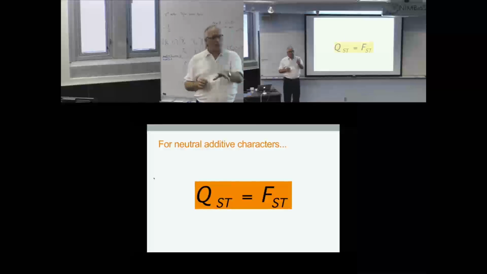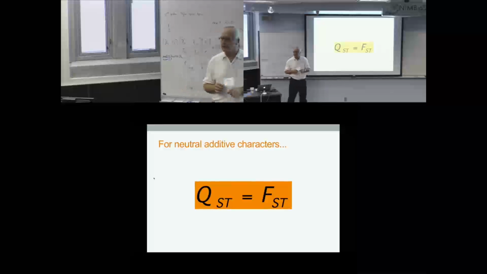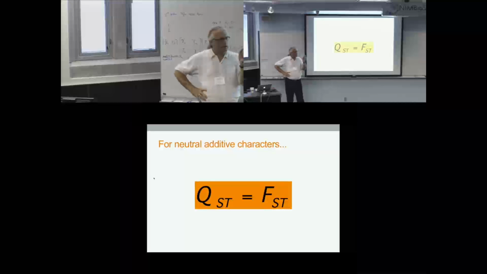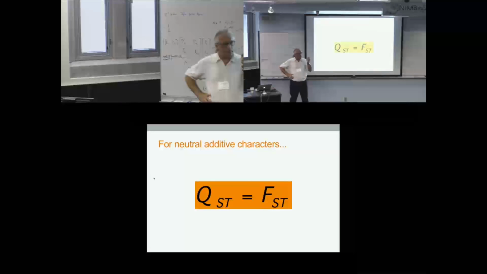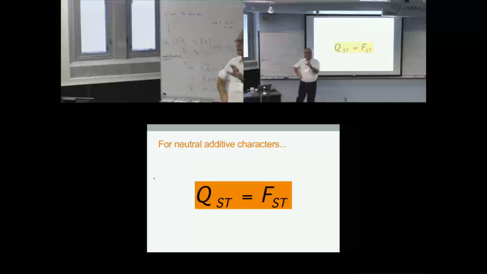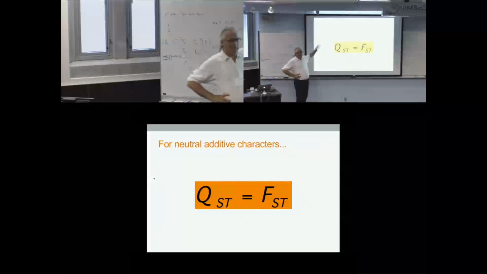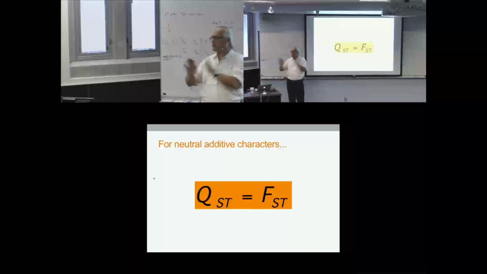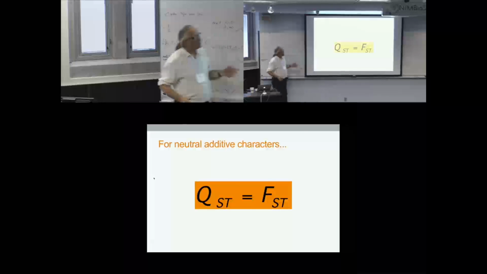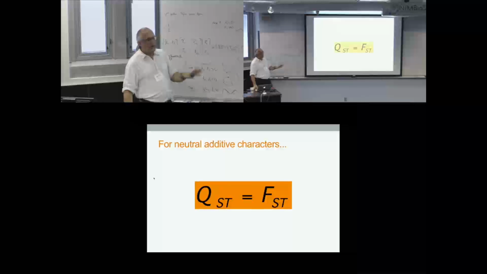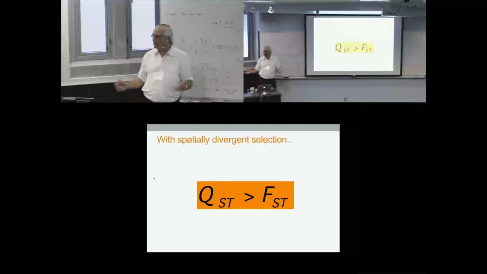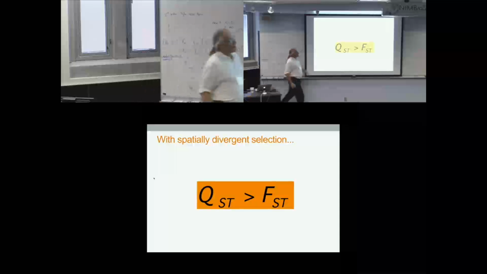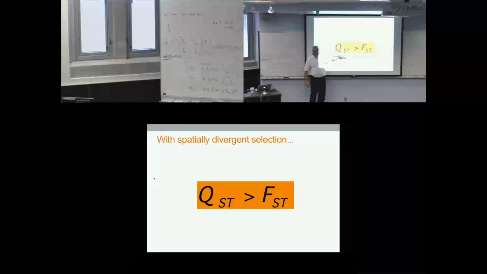Under that local adaptation process, there is an extra reason that the populations should be genetically different besides just drift and mutation. And that reason is selection. Selection is causing those populations to diverge. And so, if you have spatially heterogeneous selection, you might expect to see that QST is not equal to FST, but actually greater.